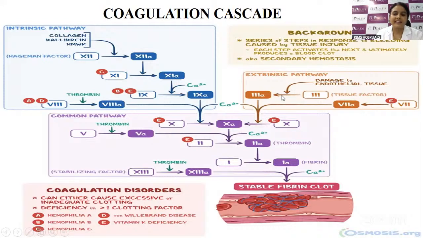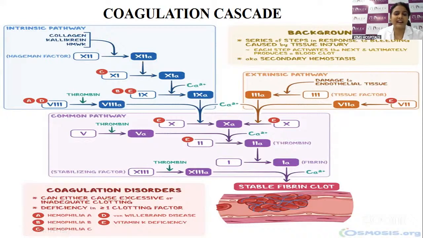The activated tissue factor, combining with calcium and activated factor 7, activates the factor 10A. Whereas the intrinsic pathway begins when the Hageman factor is exposed to the collagen; kallikrein and high molecular weight kininogen activate the 12th factor.